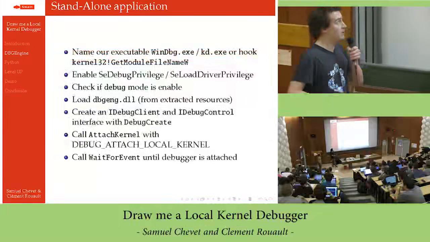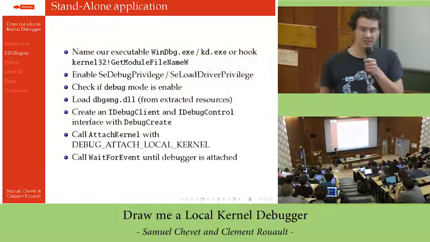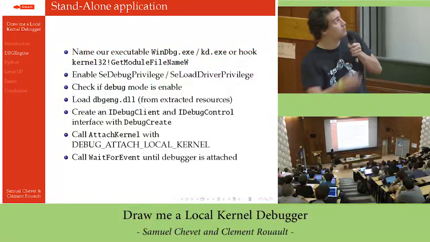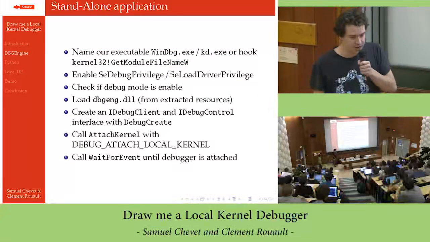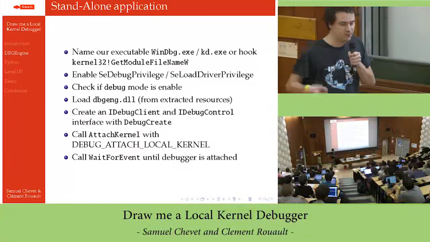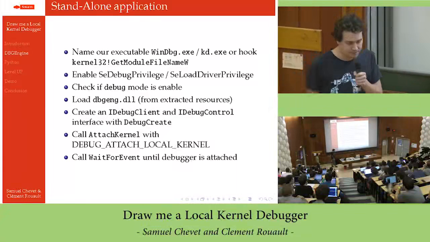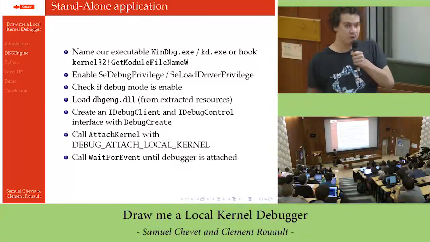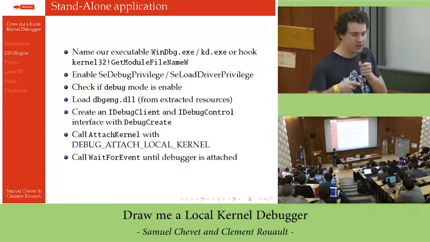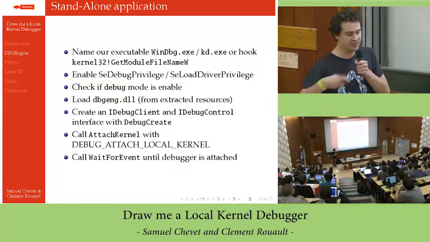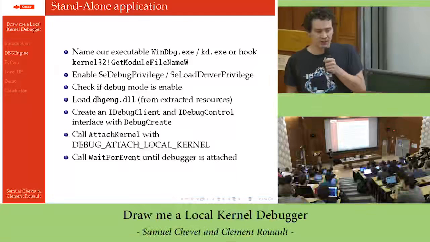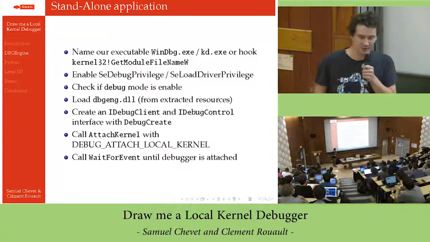So we just name our executable windbg.exe or kd, or we can hook the GetModuleFileName API from kernel32. We enable some tokens, so we can load the driver. We check that we are, of course, in debug mode. We will load the dbgeng.dll, create the COM object, attach kernel, and then just wait, and we will be able to do whatever we want on our machine.